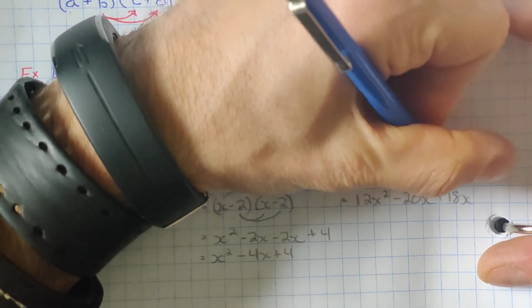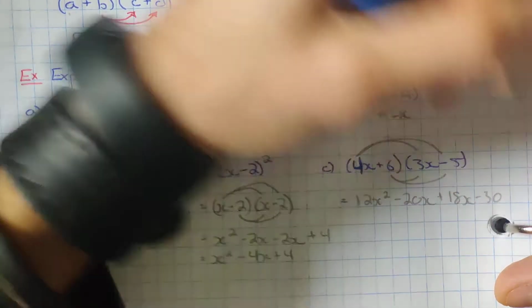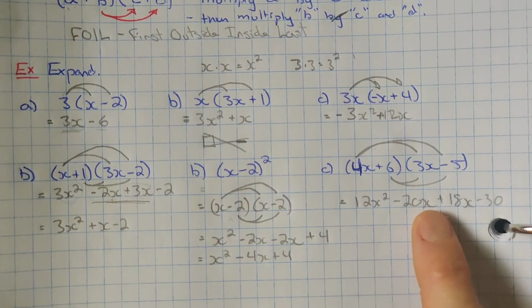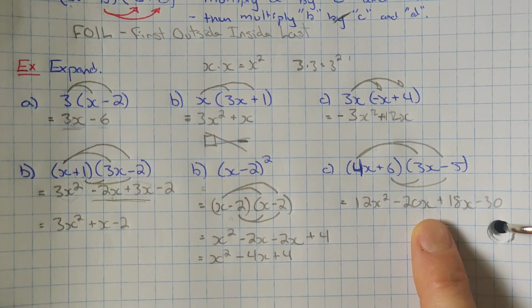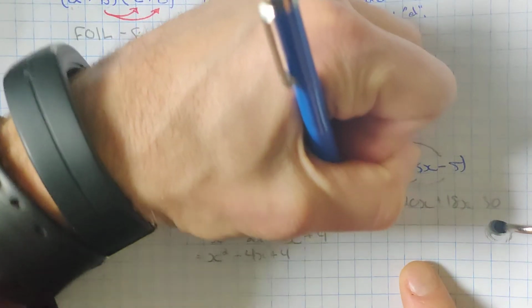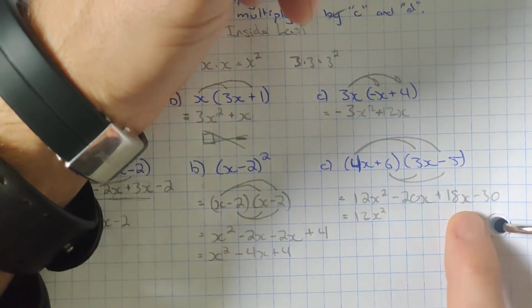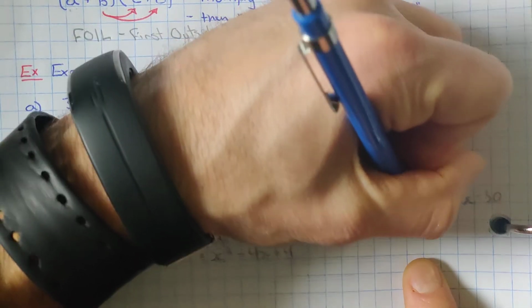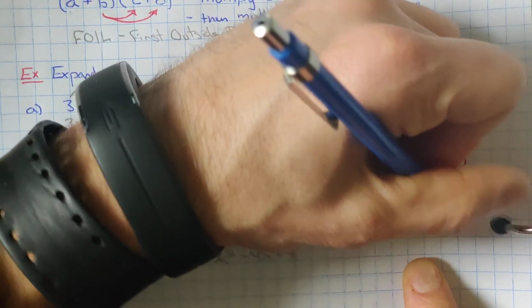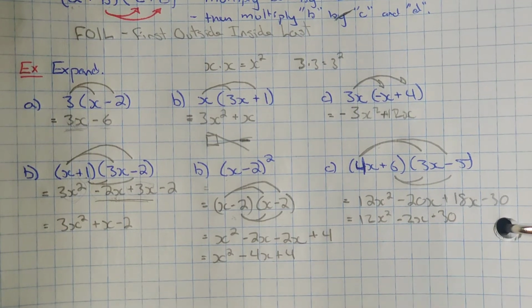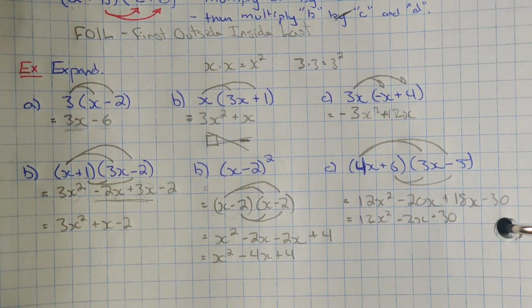And then the 6 times negative 5 is going to give me negative 30. Just like the rest, those middle two terms work out that they're going to add together because they have the same, just plain old x with them. Negative 20 plus 18 is going to give me negative 2x minus 30. 12x squared minus 2x minus 30.